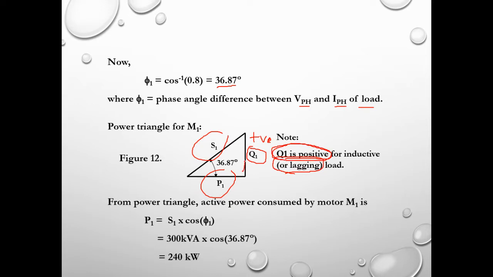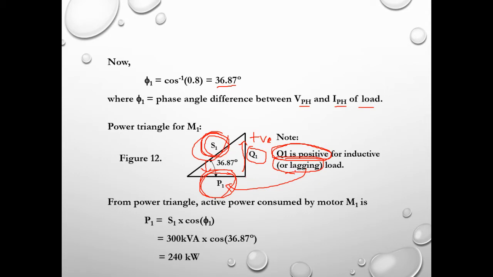This means it is heading upward from the endpoint of P. Or we can easily understand from the position of P, where P lags behind S, or it is located underneath S. As P is located underneath S, or lags behind S, Q1 is positive.